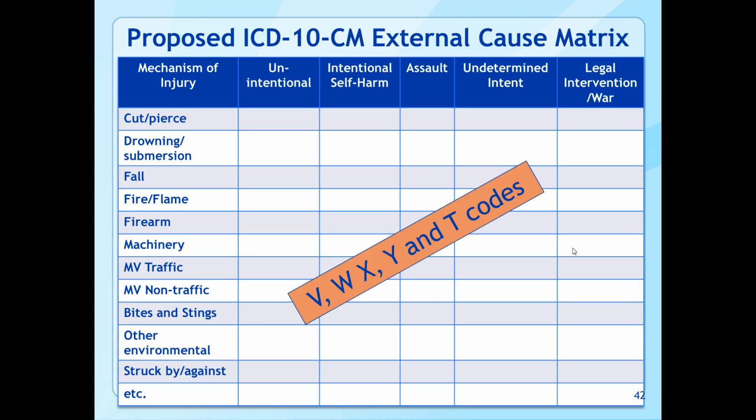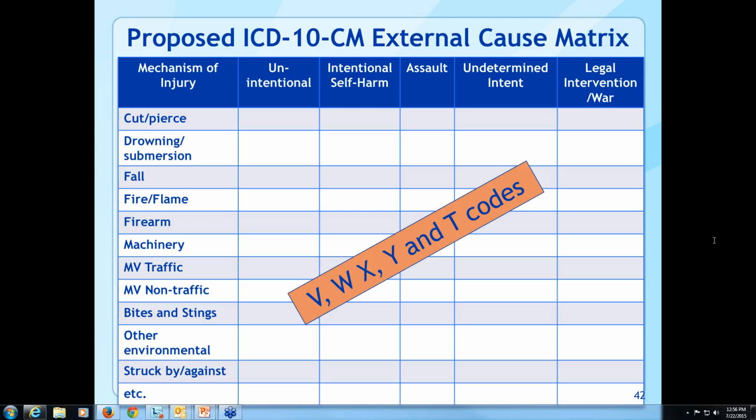So for example, you'll see cut, pierce, drowning in submersion, fall, fire, flame, firearm, that type of thing. Once those rows and columns of the matrix are set, what we did was take all the V, W, X, Y, and T codes and distribute those throughout the different cells of this matrix based on both the mechanism and the intent of the injury.